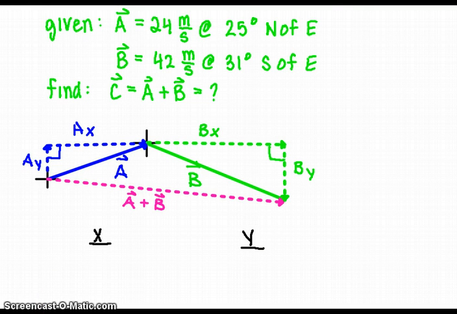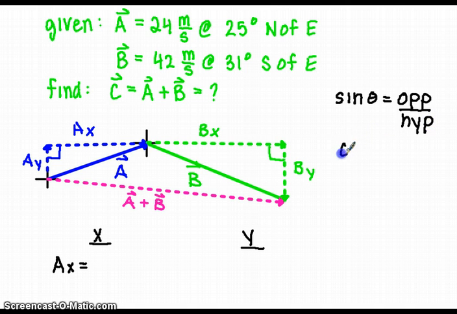We'll start with vector A, and we'll start with the x component of vector A. Now keep in mind that sine of theta is equal to opposite over the hypotenuse, and cosine of theta is equal to the adjacent over the hypotenuse.